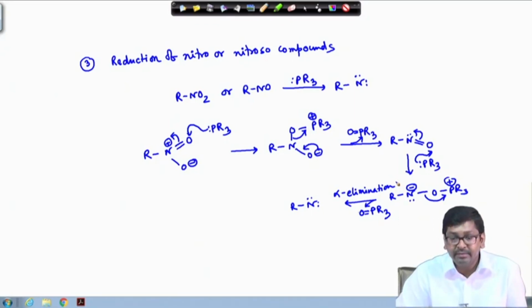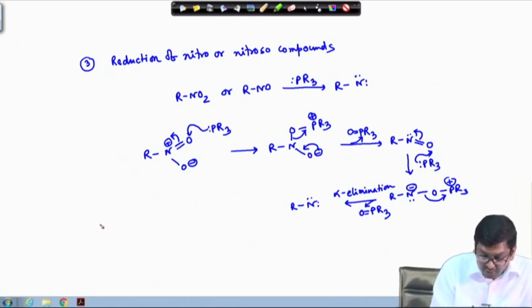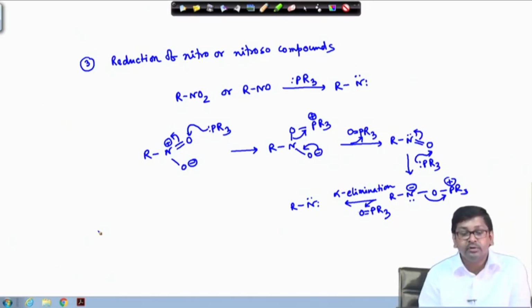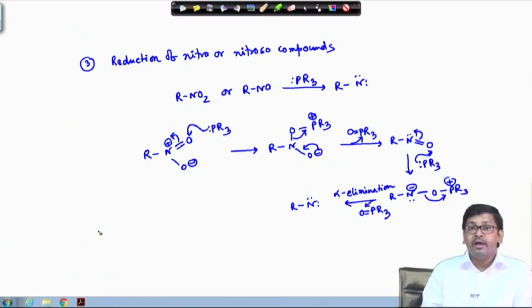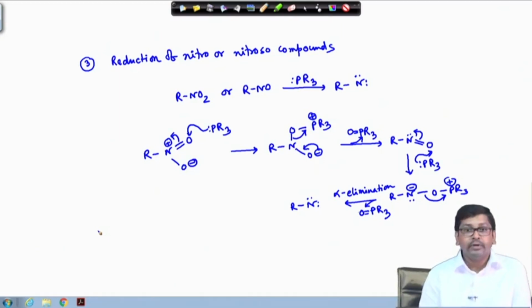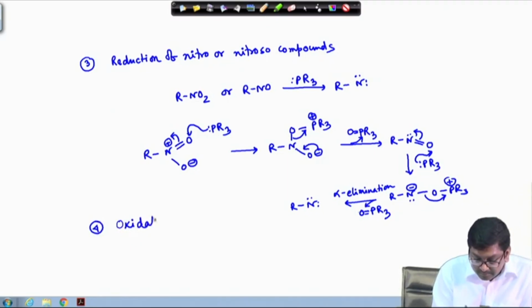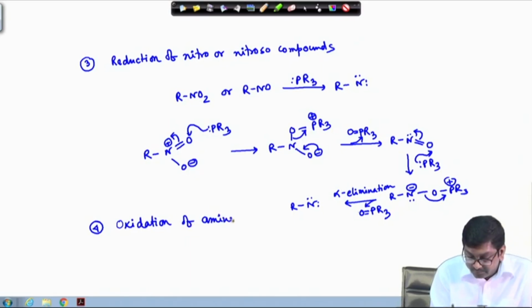Similarly, there is another method. I have already shown once, when we discussed the stable nitrene compound which is possible to detect, that hydrogen type of moieties also can be oxidized to get the nitrenes. So, that way we will also discuss another method, that is called oxidation of amines or hydrazines.